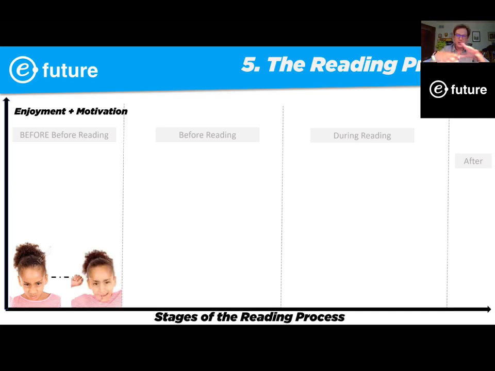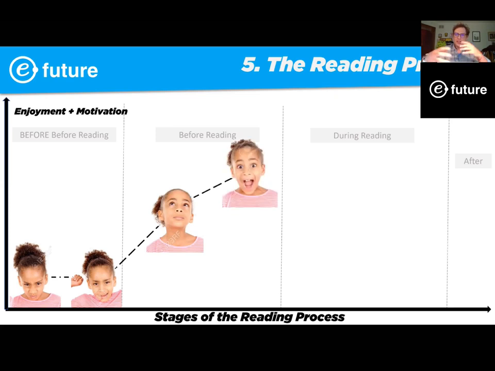Okay, so now is where your job comes in, and you start to do some background knowledge, make connections. They start to think, oh, I understand that. That makes sense. And then they're starting to comprehend it. They're ready to read, but then you give them the book, and they get a little nervous again. Ooh, this looks hard.